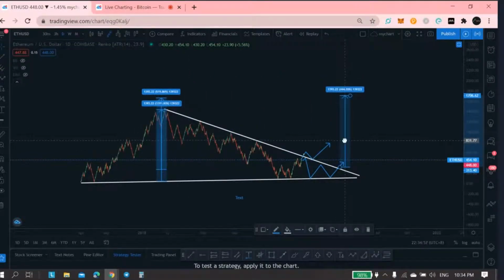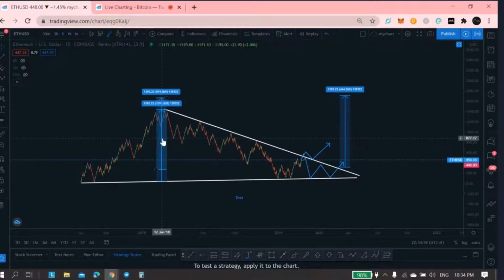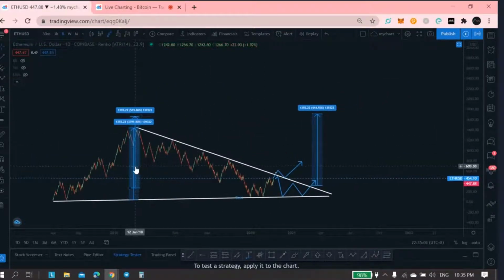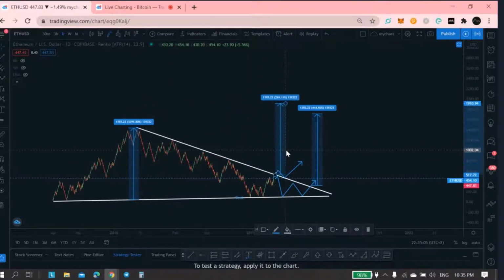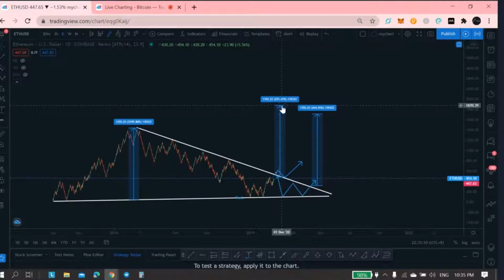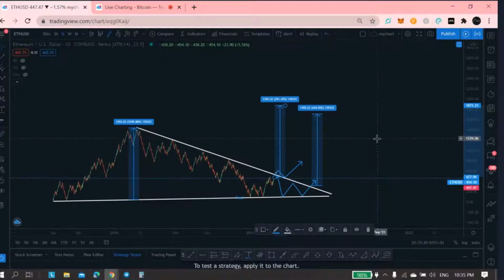So possibly here and another one here, once it breaks out at its current level. So more or less it's close. It will also possibly create a new all-time high around 1.7 and around 1.8.